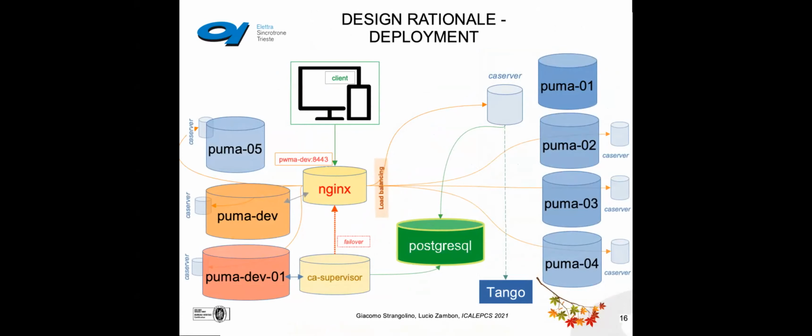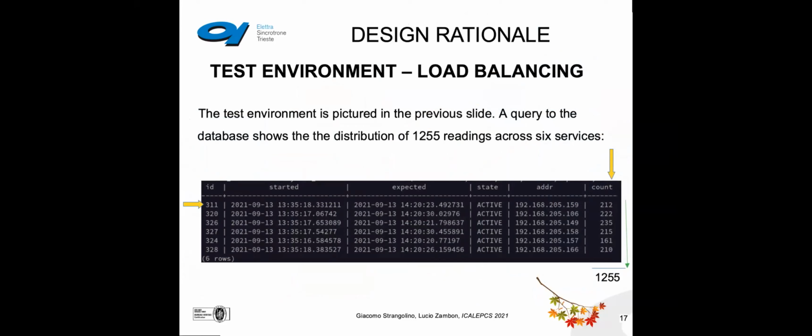In this slide, we can see that we had performed some tests on load balancing, and the test environment depicted in the previous slide translates into distribution of more than 1,200 readings across six services.